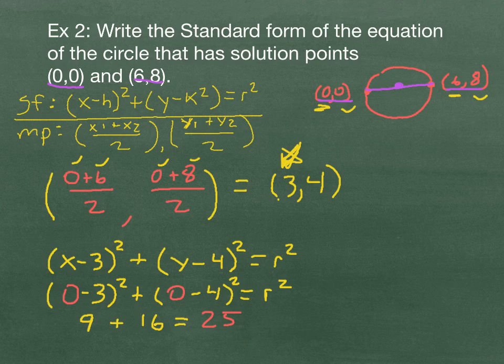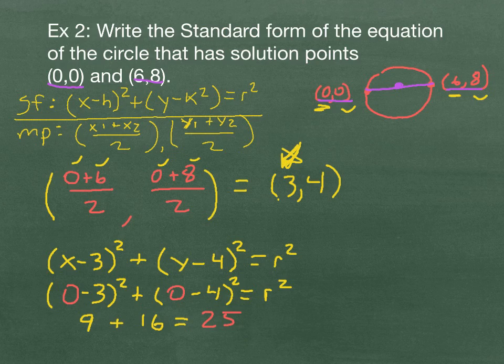Okay, so now that I solve, 0 minus 3, negative 3 squared is 9, and 0 minus 4 squared is 16. I add those up and it gives me r squared is 25. So now what I do is use the original equation with the midpoints.